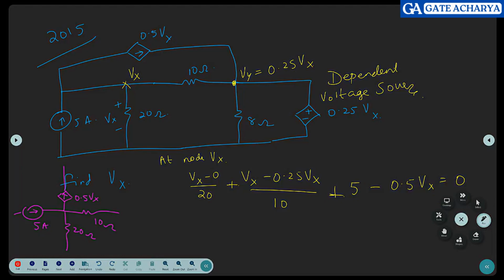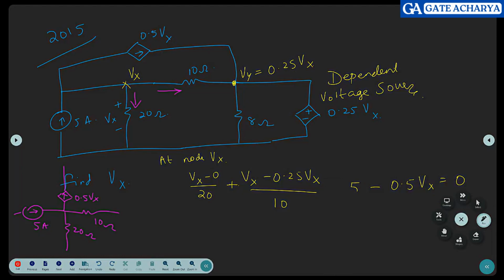Hey, a small correction. When you say Vx minus 0, what is the direction of the current? Going down or up? So that means you are saying current is going out. Vx minus Vy means you are saying current is going out. So what will this equation be? Outgoing.